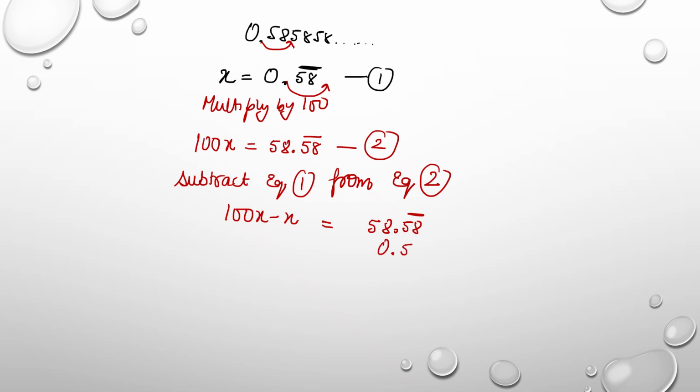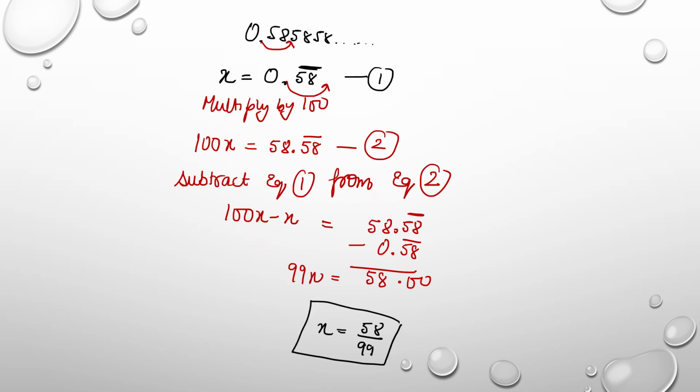Don't forget to put the bar. Subtracting, this will be 58 is equal to 99x. x is equal to 58 by 99. So we have written this repeating non-terminating number in the form of a rational number, which can be written as p by q, where q is not equal to 0.